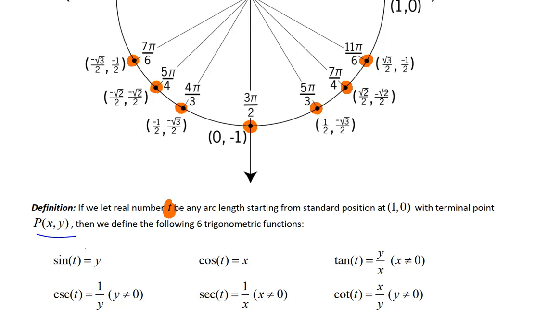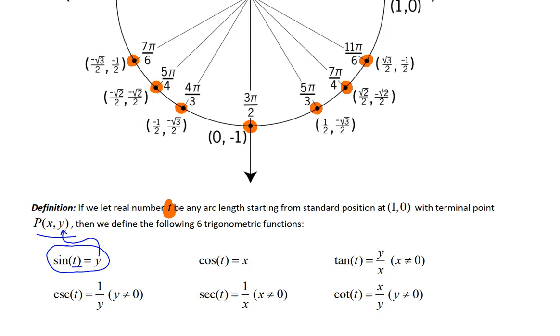The first one is pronounced sine of t, and in this case t is the input. Remember, t is our arc length, and the sine of t is equal to y, the y coordinate of the terminal point. We'll be using these with plenty of examples shortly.